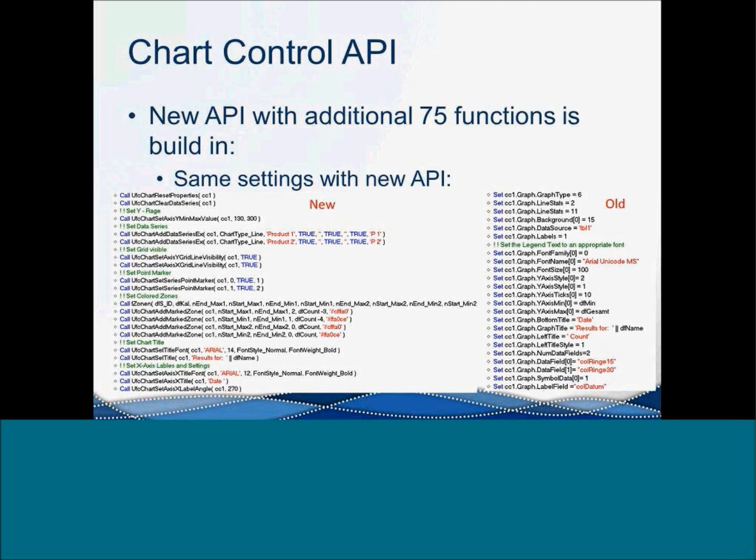We can set point markers for each data set. We can add a marked zone, which is pretty new inside this charting control. I want to display it and demo it later on. Also, I can set title fonts, I can set titles, and so on. So you can see this is pretty easy to use. You can pass information and data inside an array into this charting control. So it's pretty simple to use.